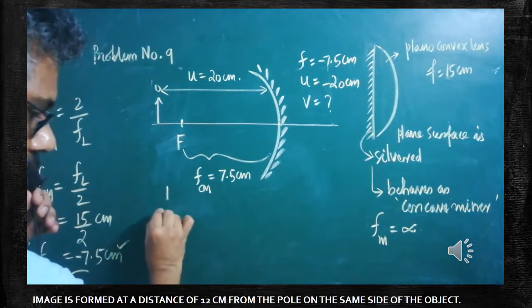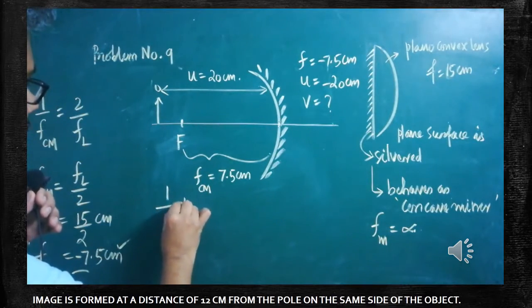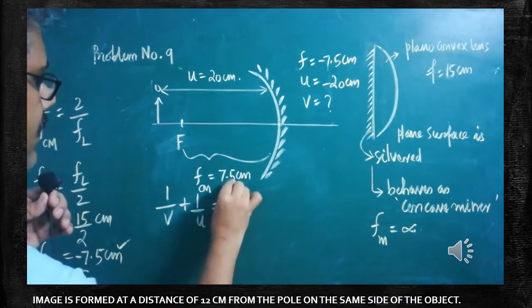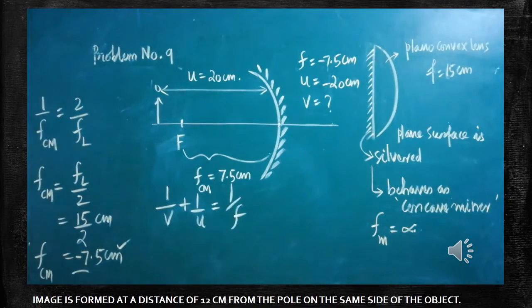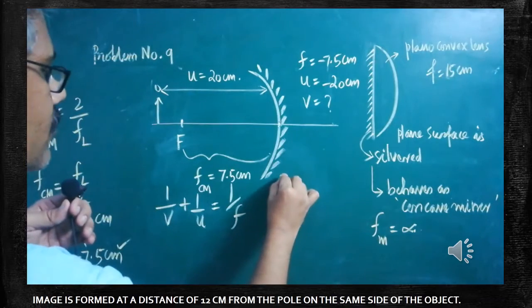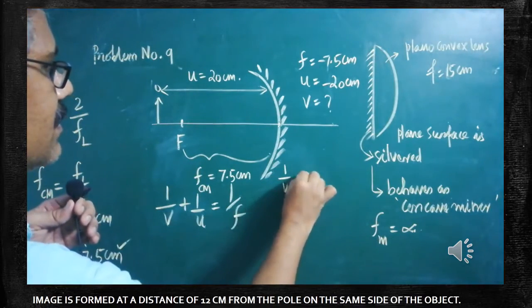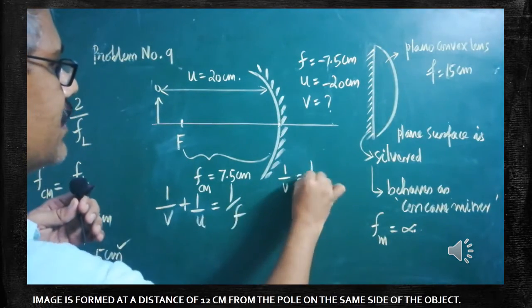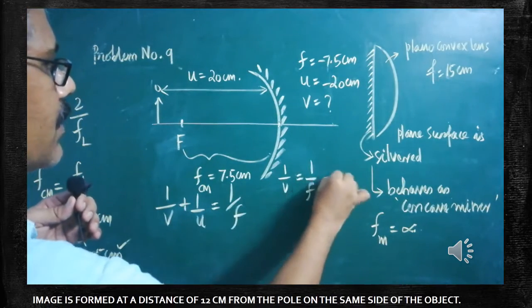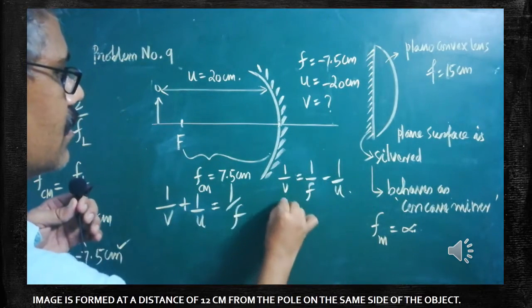Now we have to use the mirror equation. 1 by v plus 1 by u is equal to 1 by f. This is the formula. v is required. Therefore keep v on one side. 1 by v is equal to 1 by f minus 1 by u.